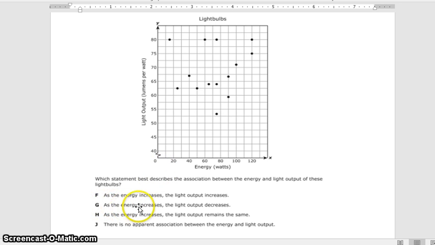G. As energy increases, light output decreases, so negative. H. As energy increases, the light output remains the same, so it's constant. Or J, there is no apparent association between energy and light output.